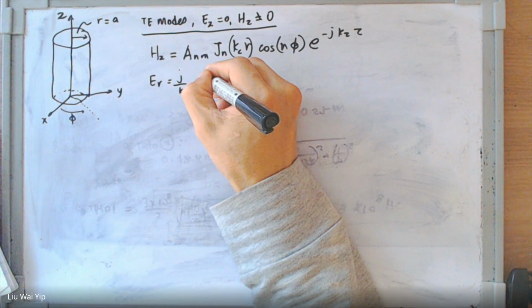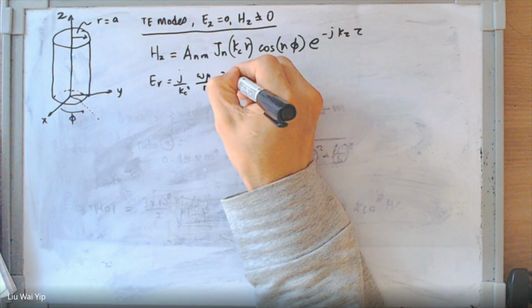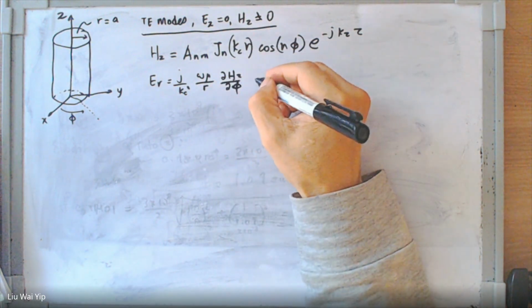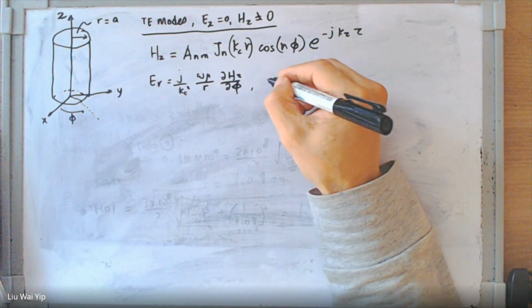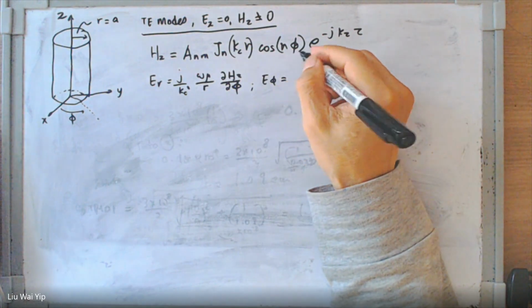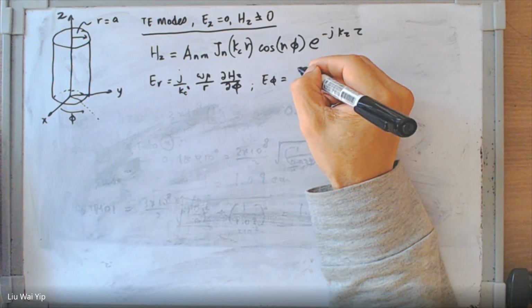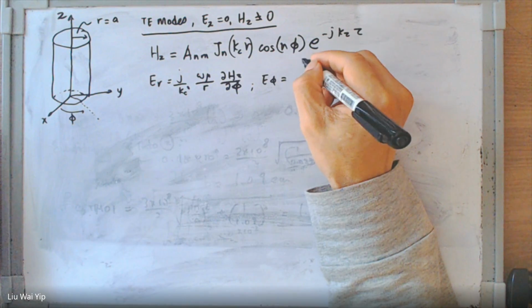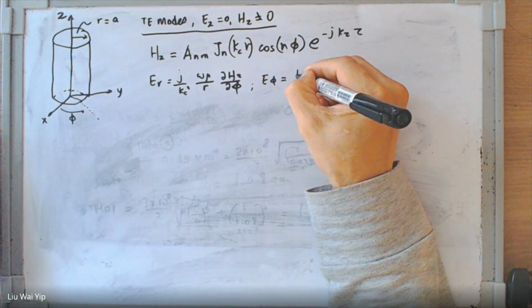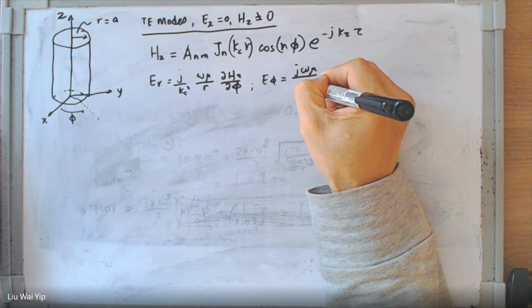And similarly, you can also find the circular electric field, which is omega over kc squared.